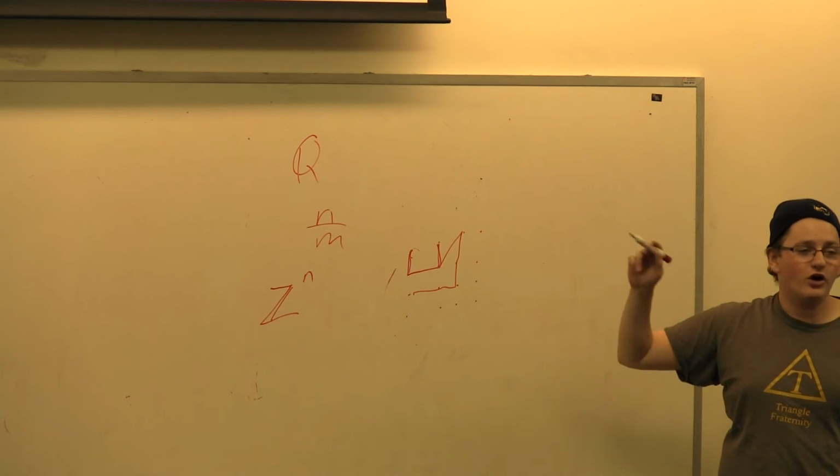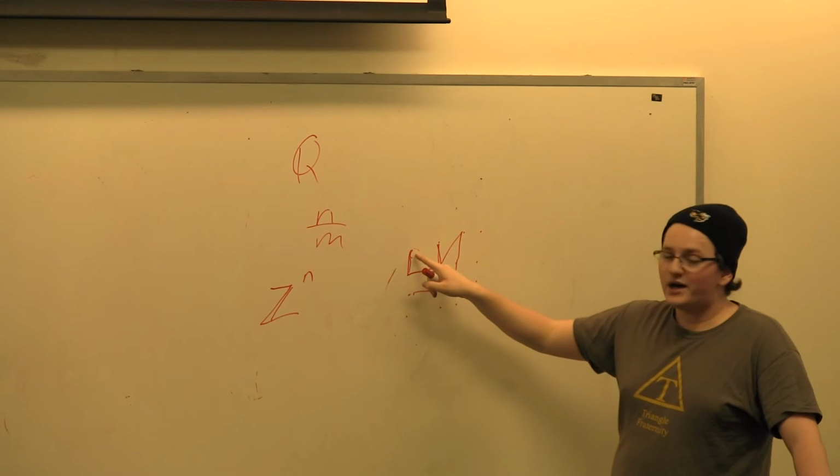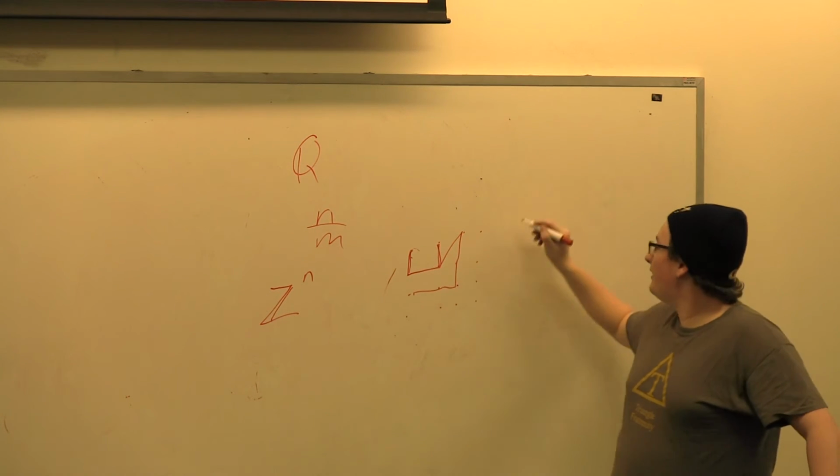So you can always create some wonky path that would allow you to biject all of these to N.